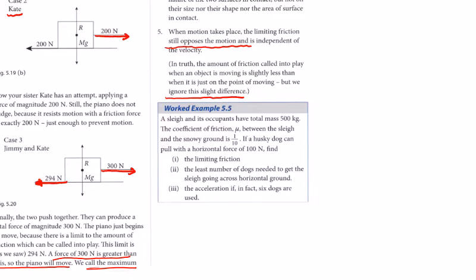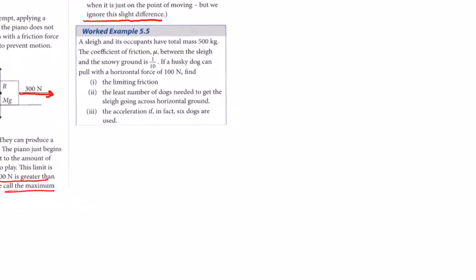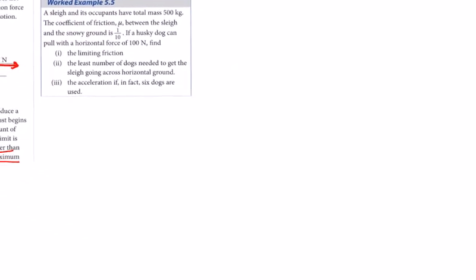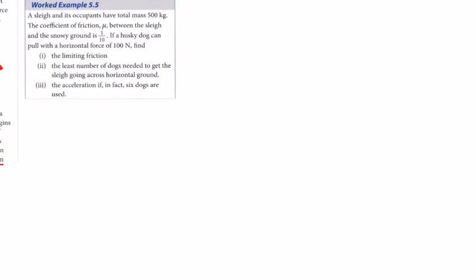So let's look at this example here. A sleigh and its occupants, total mass of 500, coefficient of friction mu between the sleigh and the snowy ground is 1/10. If a husky dog can pull with a horizontal force of 100, find the limiting friction. Let's just always draw these diagrams the same way.